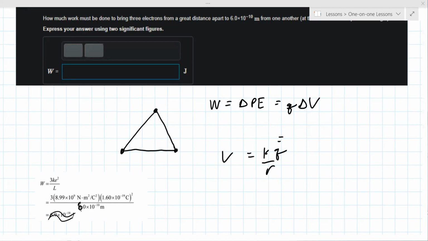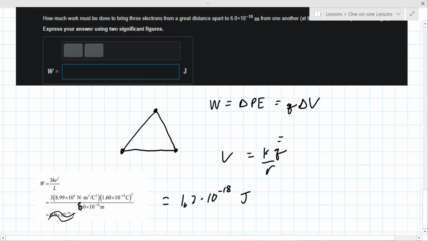Oh, syntax error. Okay. So I get 1.2 times 10 to the minus 18 joules when I do this.